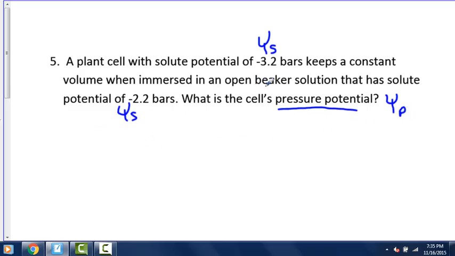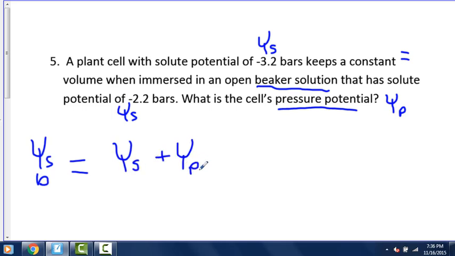So first of all, my open beaker solution, the water potential is equal to the solute potential. And if it is keeping a constant volume, that means that they're equal. So this for the beaker is going to be equal to this plus this, because this is for my cell.